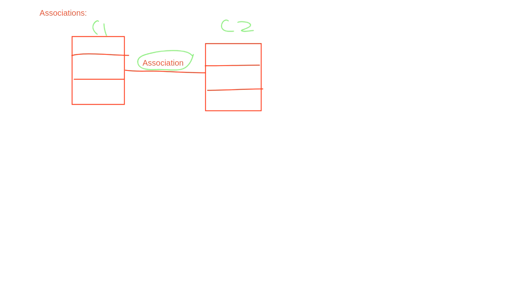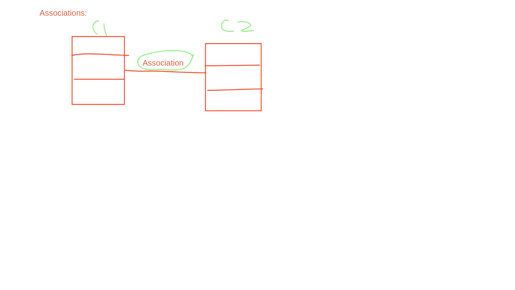There is one more thing called multiplicity or cardinality. Let me write the spelling so you can understand: multiplicity, m-u-l-t-i-p-l-i-c-i-t-y. Multiplicity is also called cardinality.